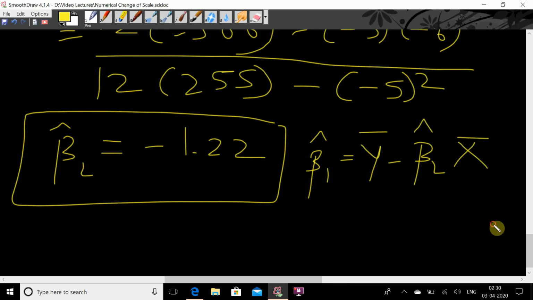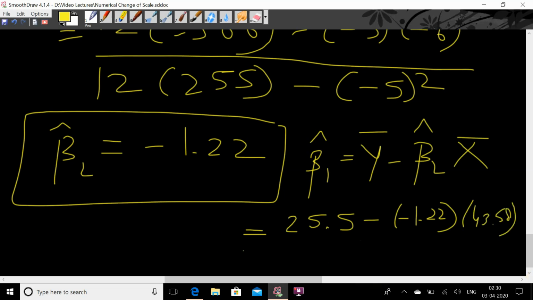Even though your y bar and x bar are fractions in this case, you have to use those values. So y bar is 25.5 minus minus 1.22 into x bar, which you can take as 43.58. So you get 78.67. I hope this is clear.